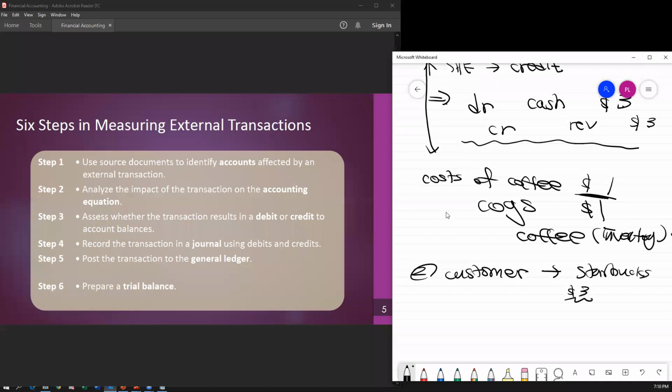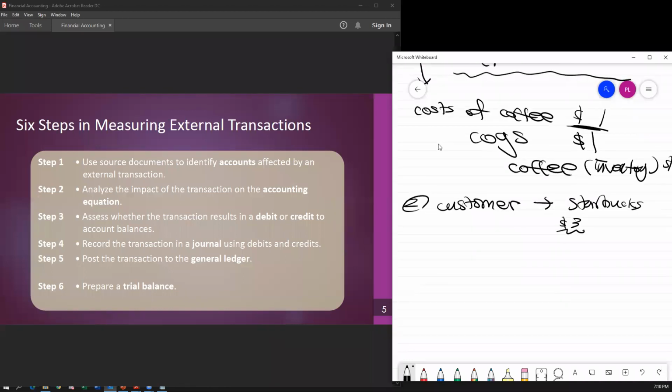Now you're a customer, not Starbucks. At the point of the purchase, what you're going to be recording is that cash will decrease by $3. Another thing that is going to be reported is usually expenses. Since you are buying coffee, that's an expense. Expenses will increase by $3.